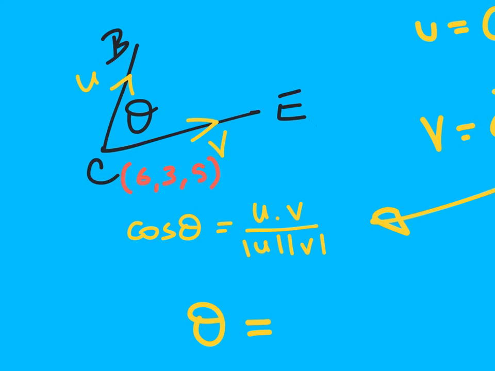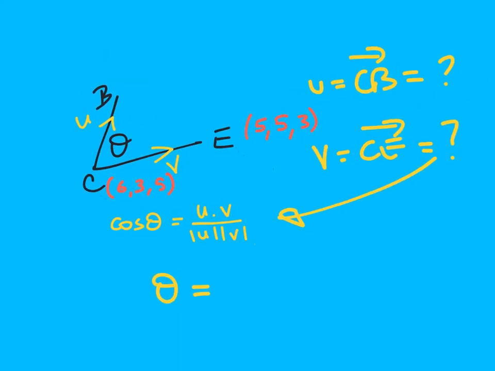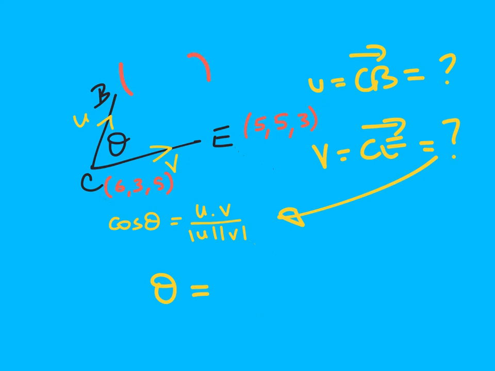You can check back to make sure you got that for C. And for E, you should have found that to be 5, 5, 3. So you'll be able to check your first two parts of the question. You can use those numbers along with the B coordinate, which is given in the question, to work out theta. It looked like a short question, but that is actually a bit of a monster.